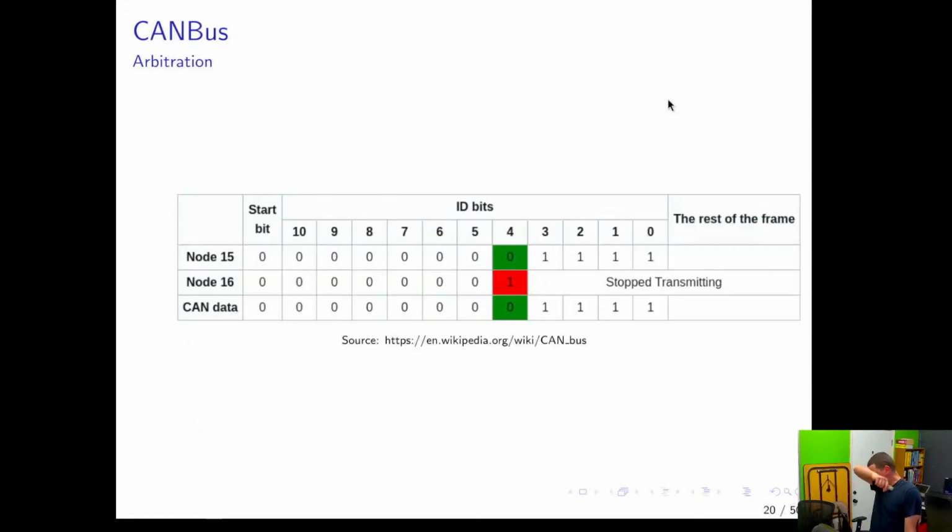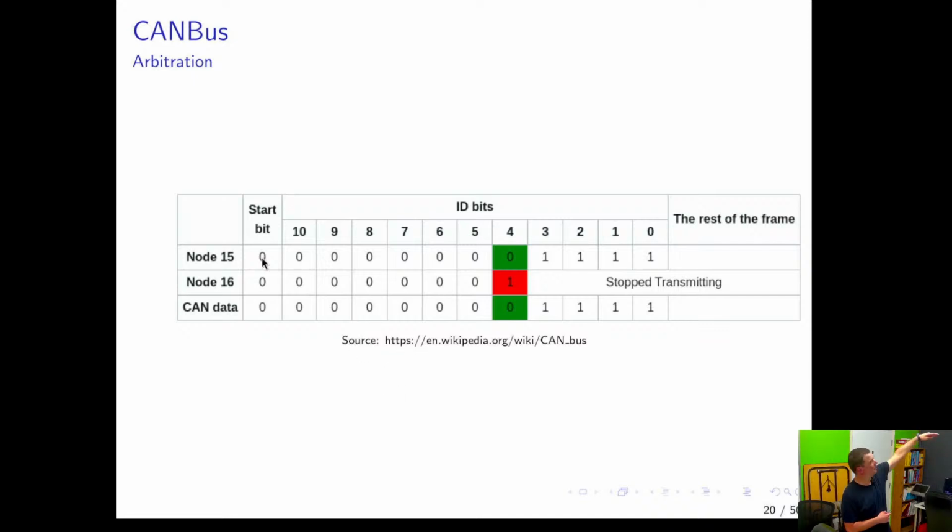So the arbitration, this is the collision detection that I was referring to earlier. We're gonna have to make this diagram work. So this is time, goes this way. And this is what's happening at both nodes and what is happening on the bus itself, right? These nodes both detect an idle time of whatever number of bits it was.